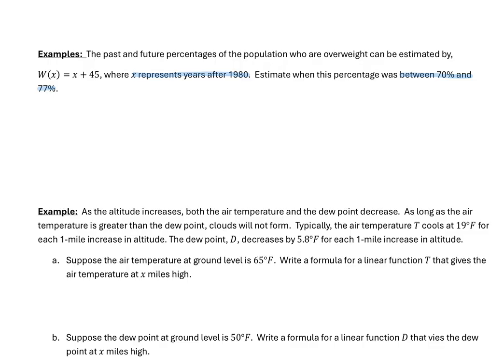So we're going to go ahead and start with our x plus 45. And we have our two values, our 70 and our 77. Between, remember that between is exclusive. In order to be between 70 and 77, we cannot equal 70 or 77.